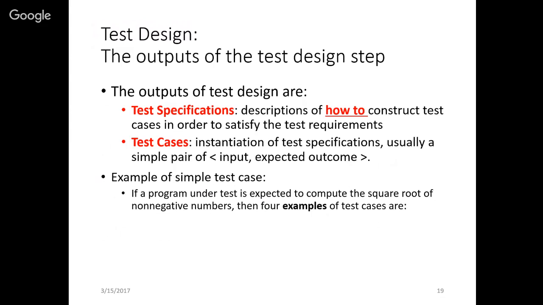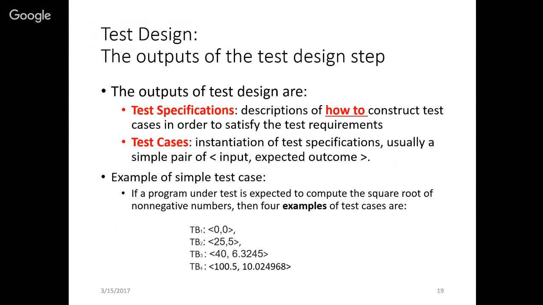So the input of test design is requirements and the criterion, and the output will be specifications and test cases, which is the actual thing that we need to execute. The specifications describe how to construct test cases, and a test case is an instantiation of a test specification. Usually a simple pair: input, expected output. The extended version: input, expected output, prefix, postfix.